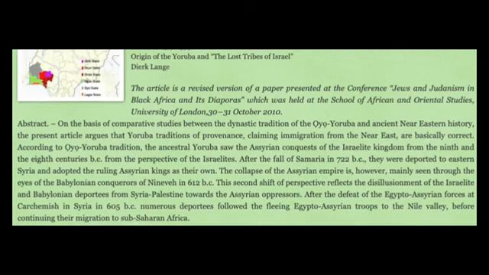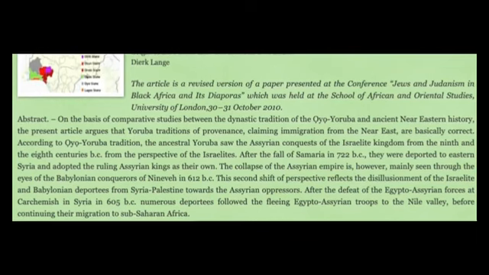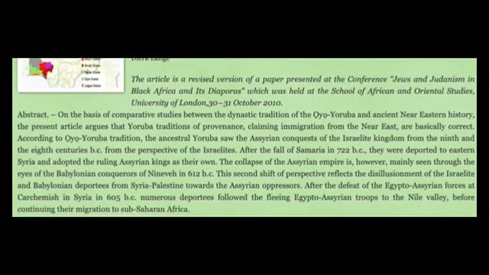After the defeat of the Egypto-Assyrian forces at Carchemish in Syria in 605 BC, numerous deportees followed the fleeing Egypto-Assyrian troops to the Nile Valley before continuing their migration to sub-Saharan Africa.